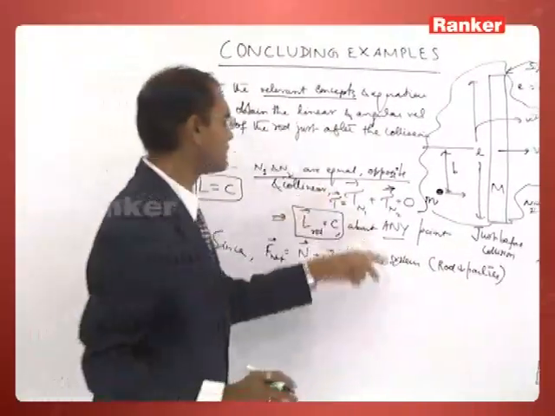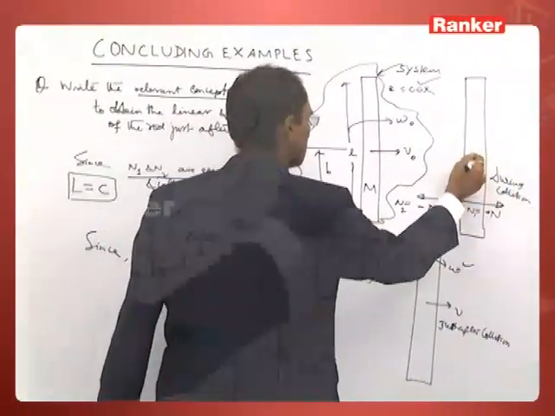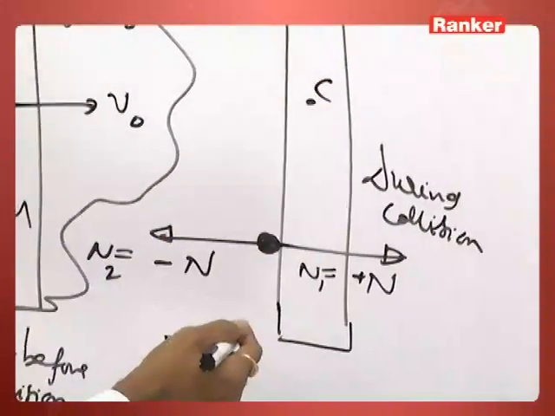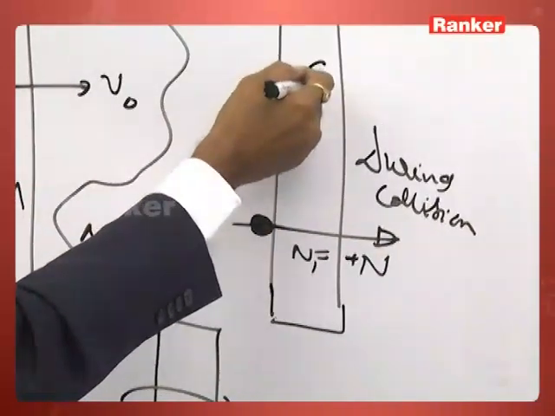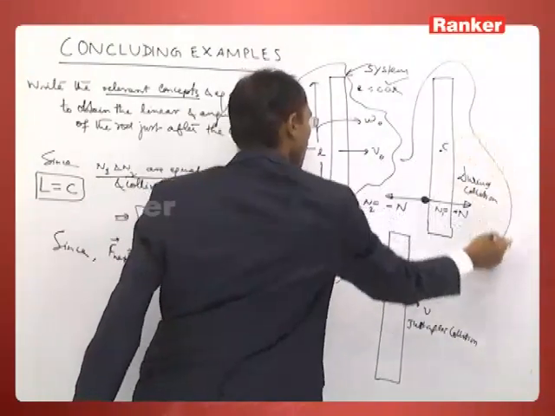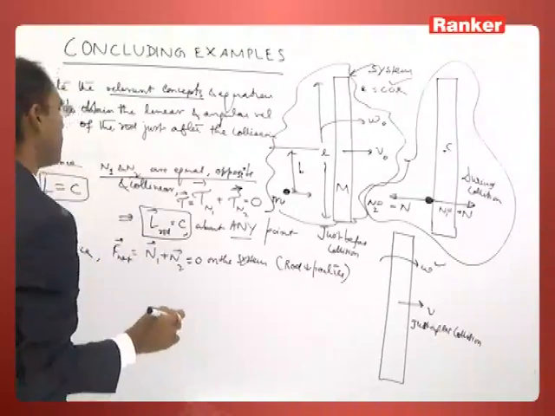Net torque acting on the system, rod plus particle. On the rod there is a net torque about the center of mass A. And the particle also experiences a net torque about this center of mass point. But if you take this as a system as a whole, rod plus particle, then the net torque will be 0 about any point.